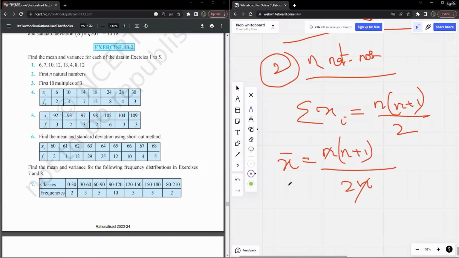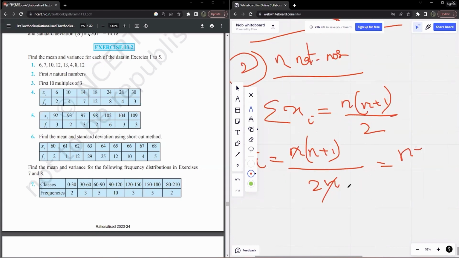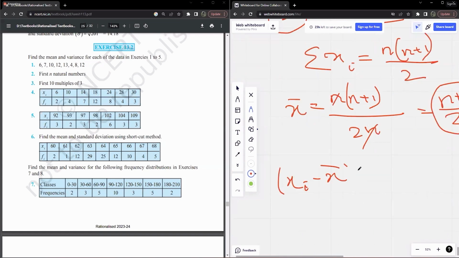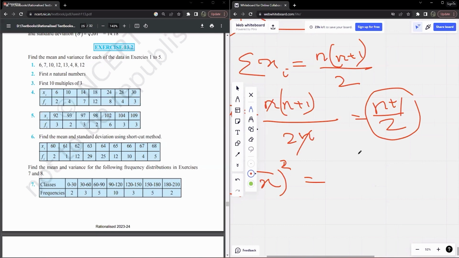And so the variance, right, is going to be sigma of xi minus x bar the whole square, right? Which is basically the summation of n minus 1 the whole square plus n minus 3 the whole square and so on, right?